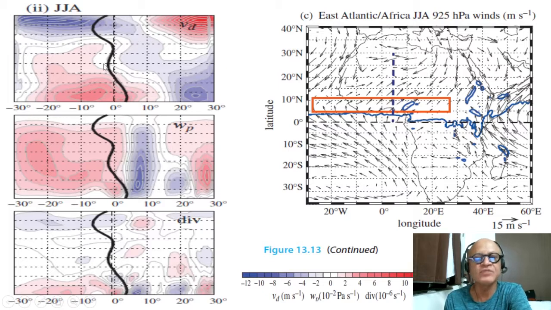Reminding ourselves of what we saw before in terms of the June, July, August divergent velocity field.